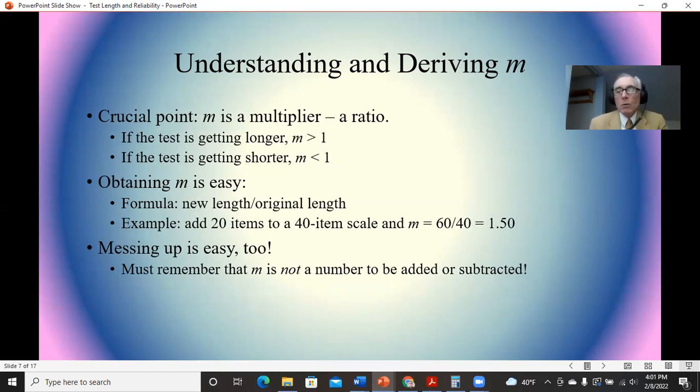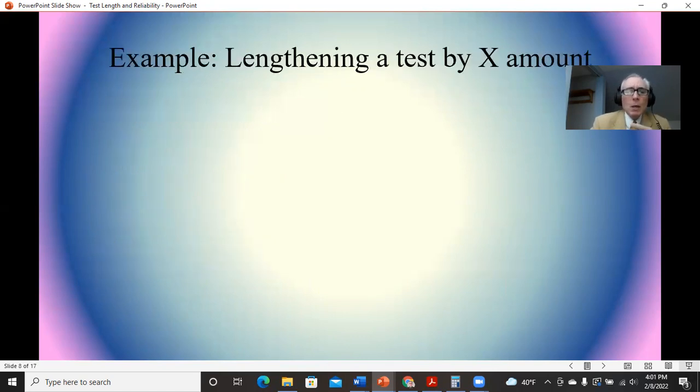It's the number you're going to multiply times the existing number of items, to see how long the new test, the modified test, is going to be. Crucially important, although for some people perhaps painfully obvious.